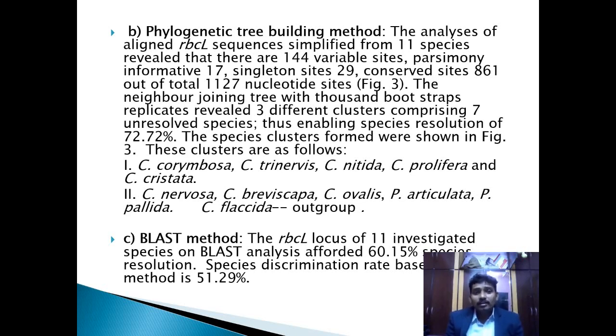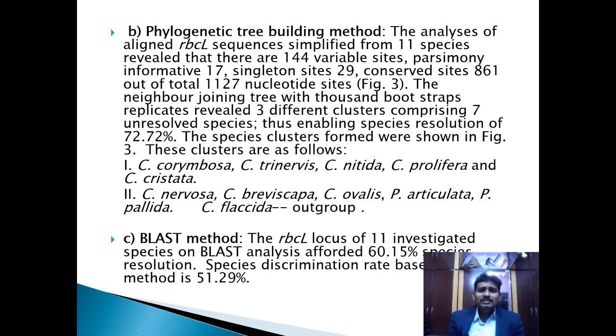The analysis of aligned rbcL sequences sampled from the species revealed that there are 144 variable sites, 17 parsimony informative sites, 29 singleton sites, and 861 conserved sites out of a total of 1127 nucleotide sites. The neighbor-joining tree with 1,000 bootstrap replicates revealed 3 different clusters comprising 7 unresolved species, thus enabling species resolution of 72.72%.